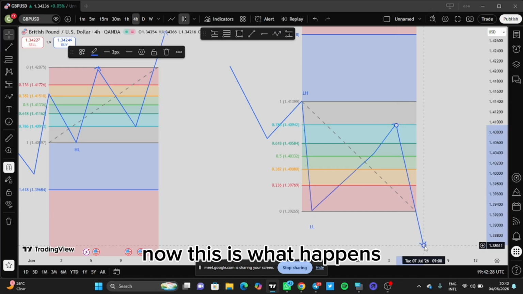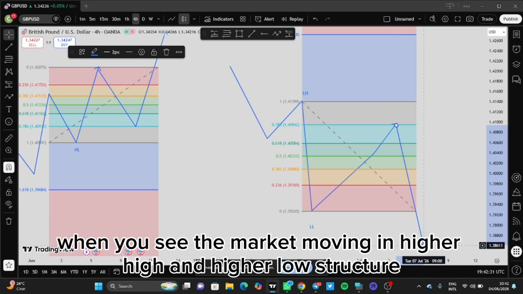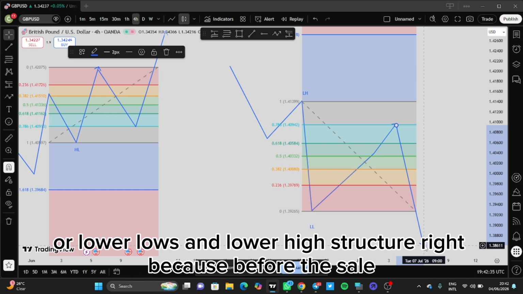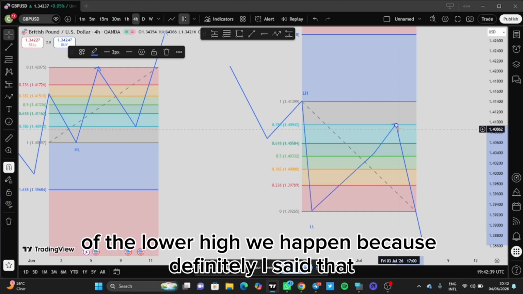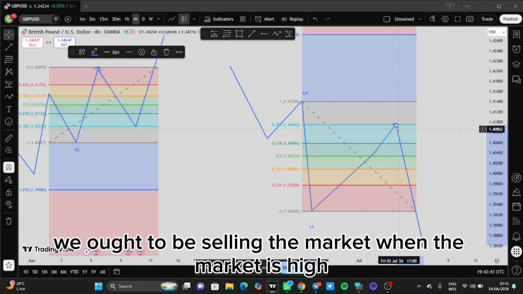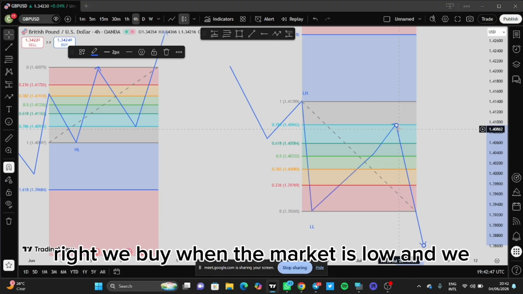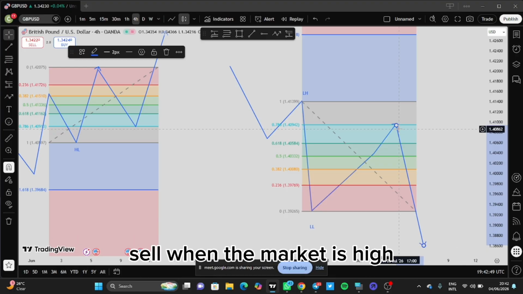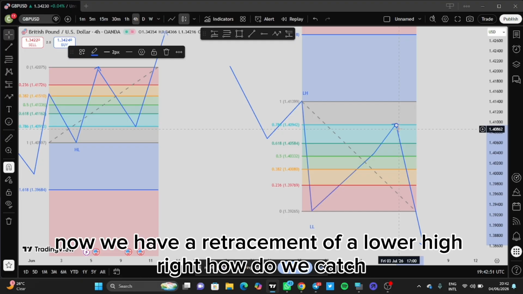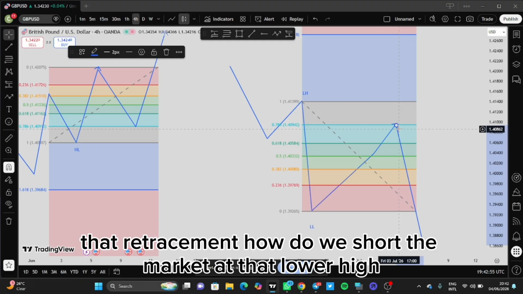Now this is what happens when you see the market moving in a higher high and higher low structure, or lower low and lower high structure, right? We buy when the market is low and we sell when the market is high. Now we have a retracement to a lower high. How do we catch that retracement? How do we short the market from that lower high?